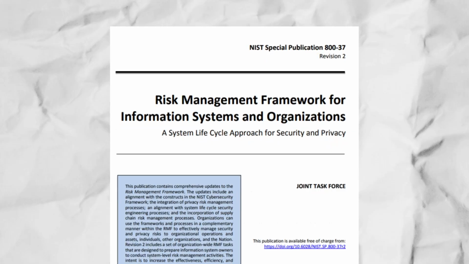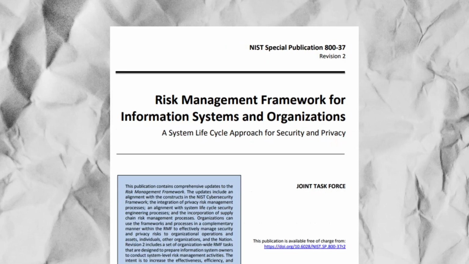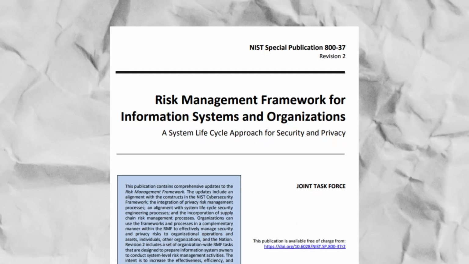The process starts with the NIST RMF framework, which can be found in NIST 800-37 Revision 2, Risk Management Framework for Information Systems and Organizations: A System Life Cycle Approach for Security and Privacy. Now, this is a 7-step process to manage risk in these systems.